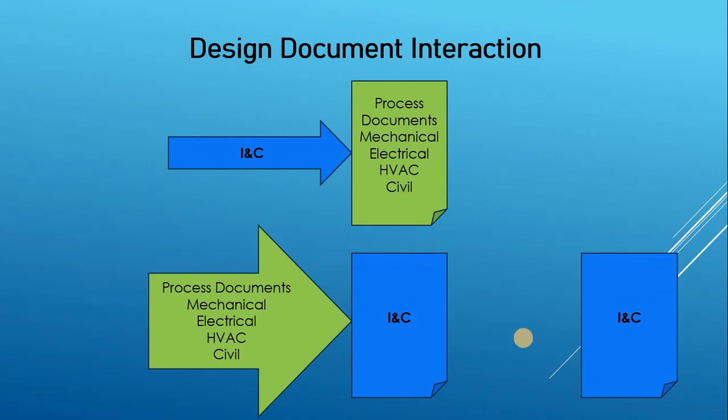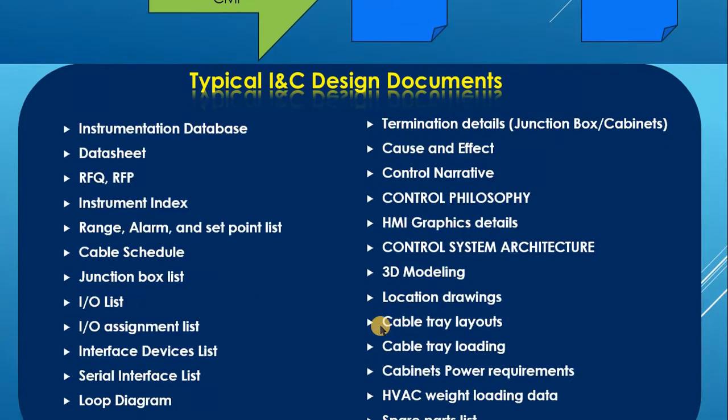Now we'll look at the I&C. We know that any document I&C will produce may go by itself or may go to another discipline, so they can build their own design on our feed from I&C. On the other hand, you may also take some design documents from another discipline to produce your own design as I&C.